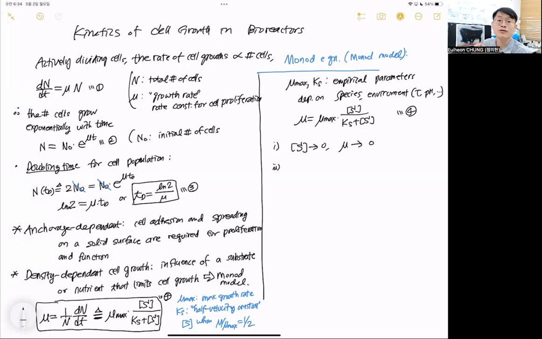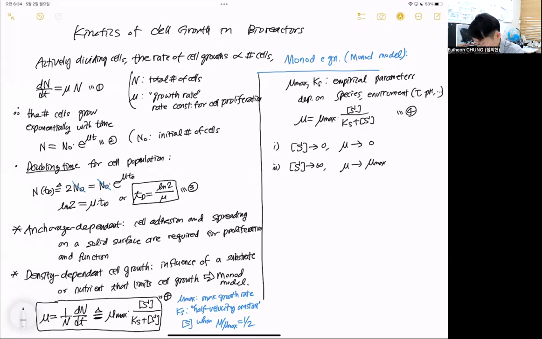And then what if there's enough substrate? Mathematically we can consider there's infinite substrate. Then from equation 4, you can see mu goes to mu max, and that makes sense. If you have plenty of substrate, then probably your growth rate will be maximum. Then what about in the middle?